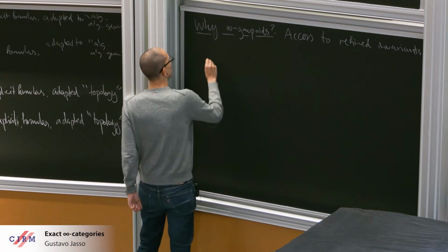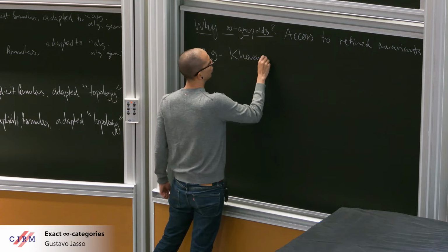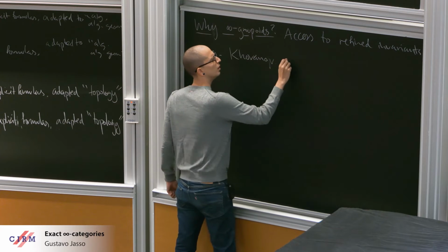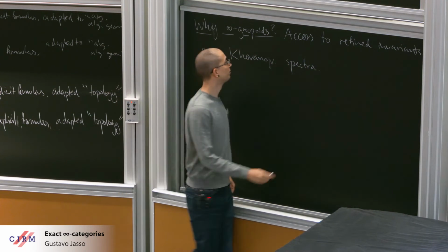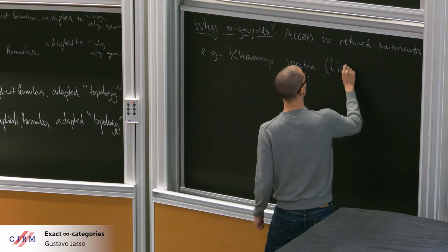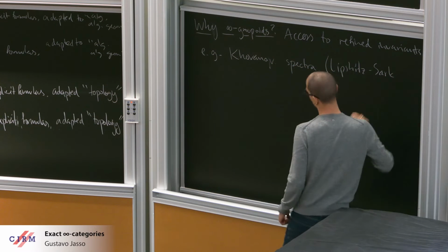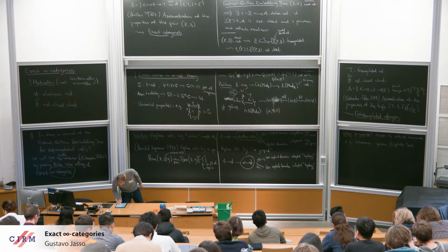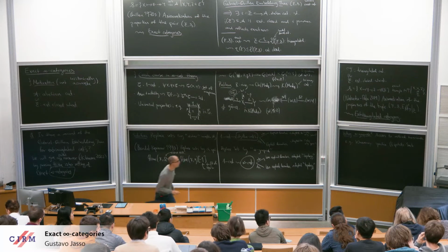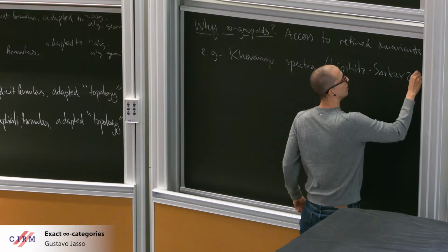For example, there is such a thing called Khovanov spectra for knots, links, and tangles, for example. Sarkar, yeah.